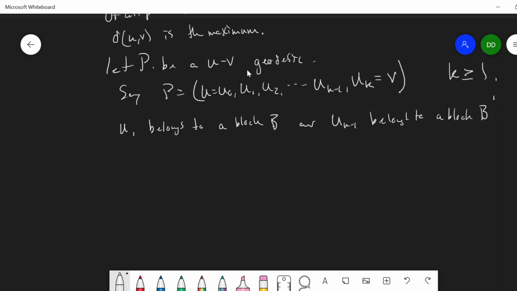Right, they have to belong to some block. And it's possible that those belong to the same blocks, right? It's possible V is actually equal to U1. So it's possible that B is equal to B prime.